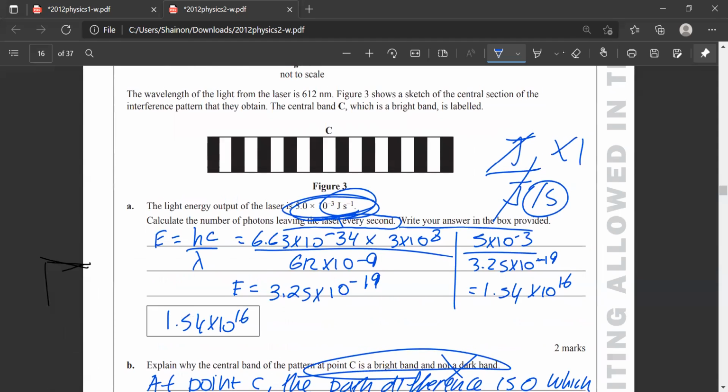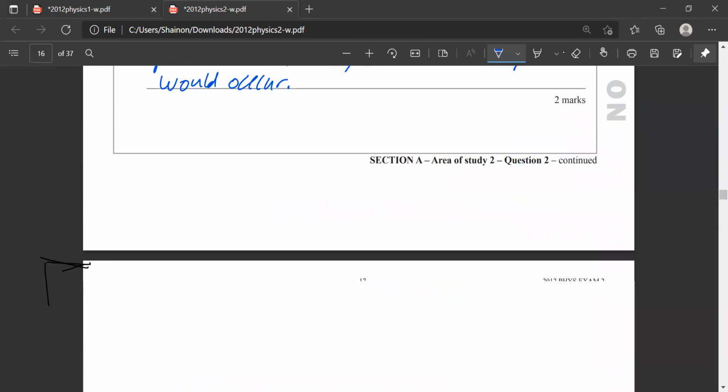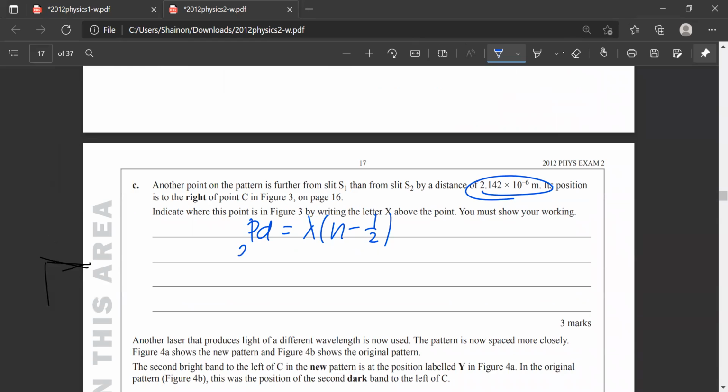And wavelength is this one. Over the wavelength, and that equals 3.5, this value here.